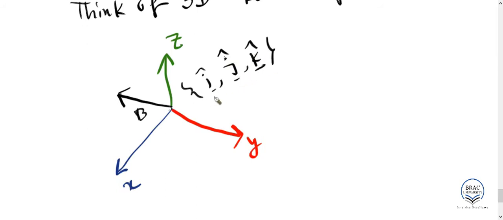This is a three-dimensional Euclidean space, and at the same time we have three linearly independent vectors, because they are orthogonal to each other, at a 90-degree angle. So we have a three-dimensional vector space, and this b vector can be written as a linear combination of i, j and k with different coefficients depending on the components of b.